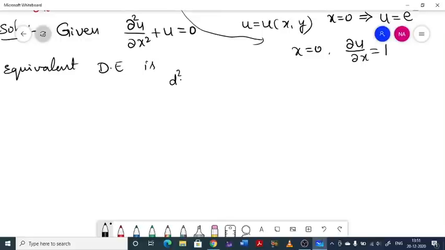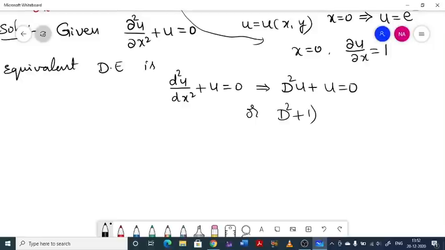Write the equivalent differential equation: d square u by dx square plus u equal to 0. This I can write using capital D as D square u plus u equal to 0. So here the dependent variable is u, or this will be D square plus 1 into u equal to 0.